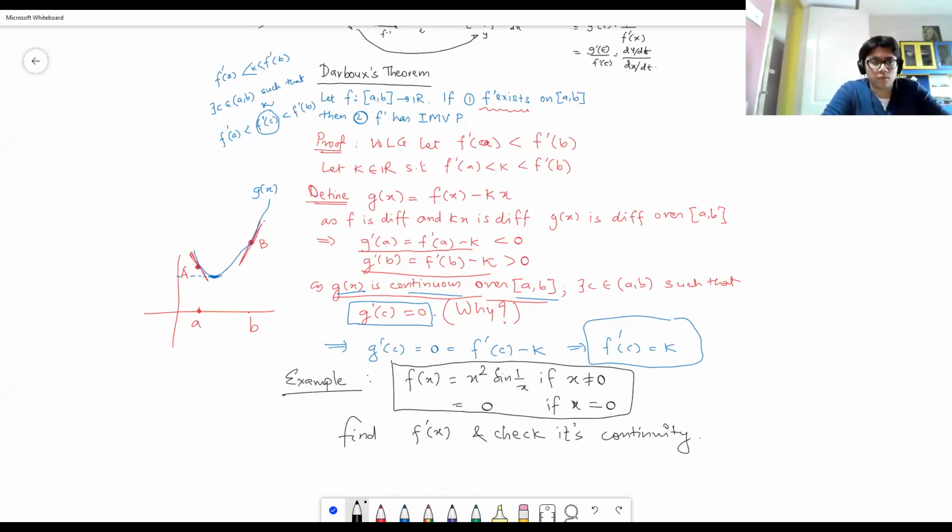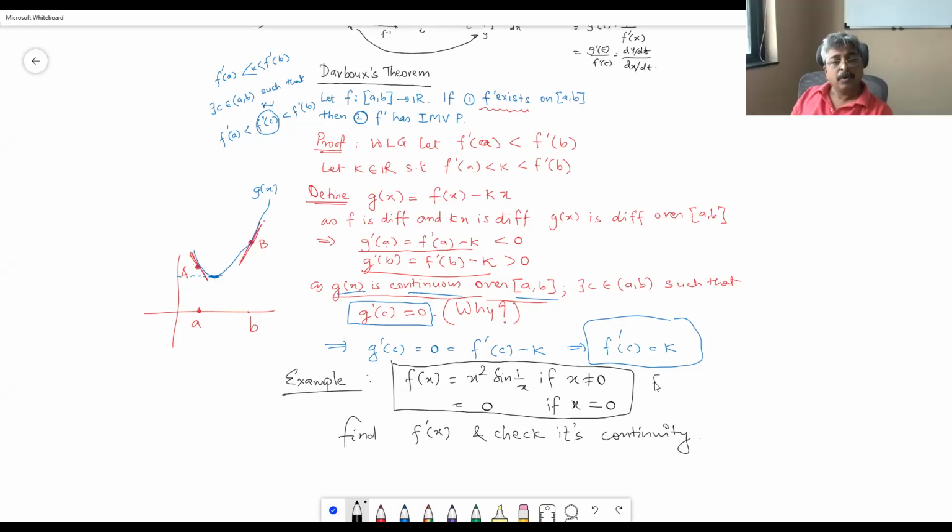What is the derivative of f of x? 2x sine 1 upon x minus cos 1 upon x. f dash of x is equal to 2x sine 1 upon x minus cos 1 upon x, if x is not equal to 0. Is that right? That x square business will get cancelled.